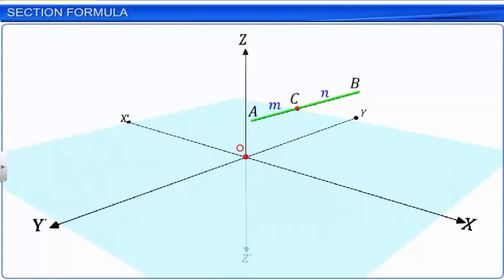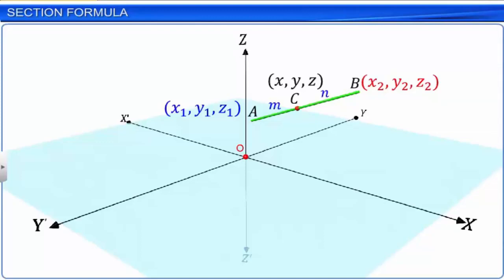We will find the coordinates of point C that divides line segment AB. Let the coordinates of point A be x1, y1, z1 and point B be x2, y2, z2. Let the coordinates of point C be x, y, z.